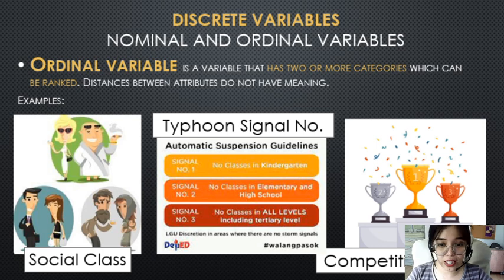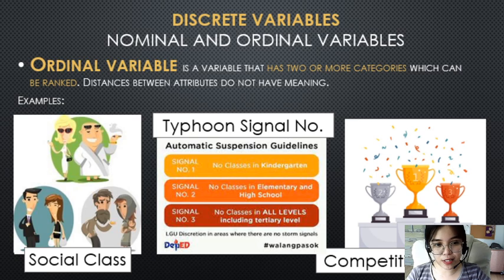Example, social class. So, alam naman natin may rank ang social class kahit ayaw natin, pero sa society natin meron talaga. So, nasa taas yung mga mayayaman, and then followed by the average people, tapos yung mga poor. Okay? O yung mga challenge talaga sila kumita. So, yun yung social class. There is a category, and with ranking. Typhoon signal number.